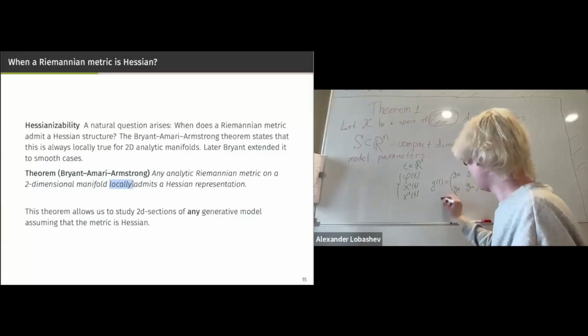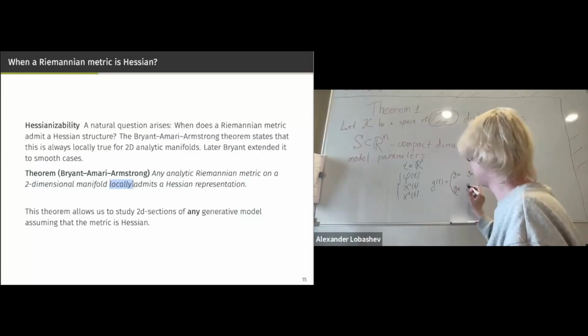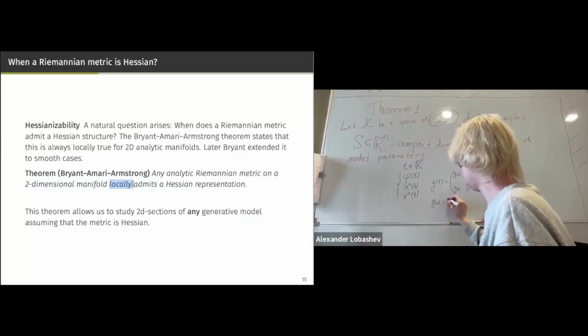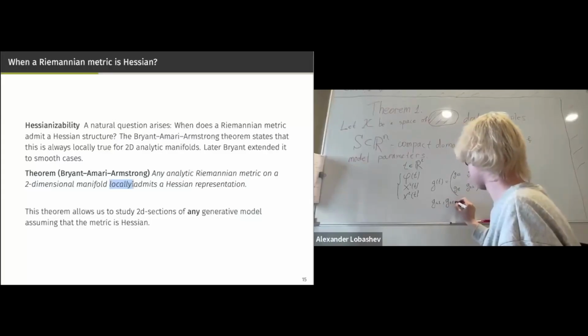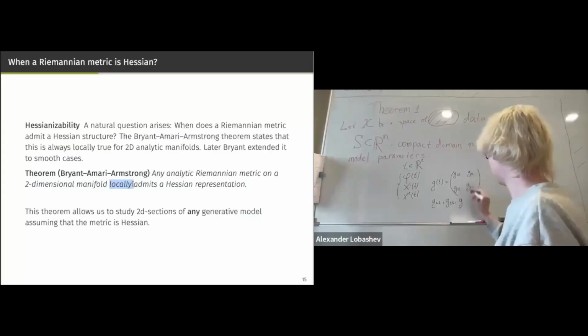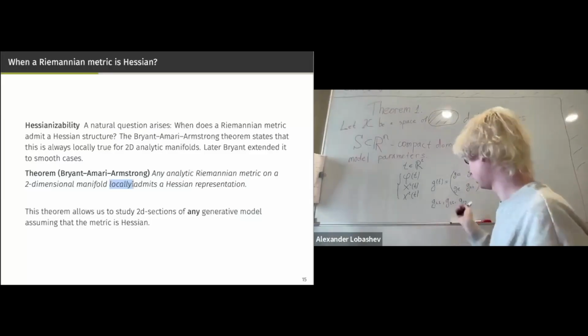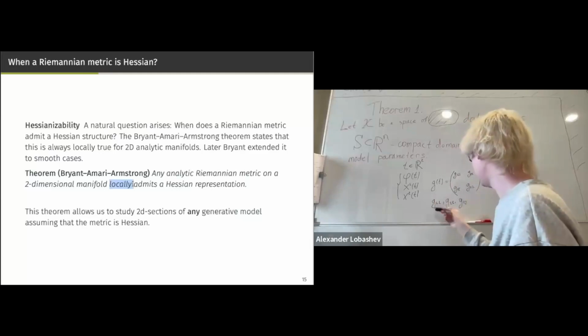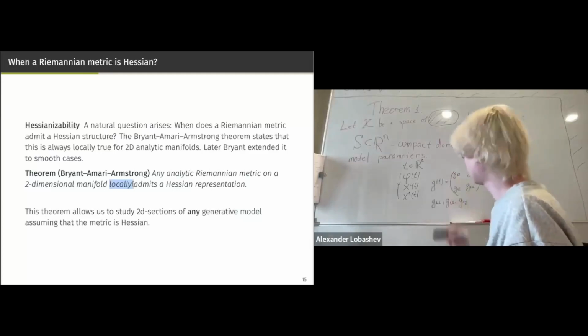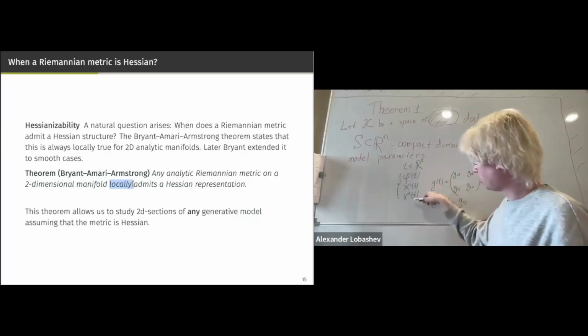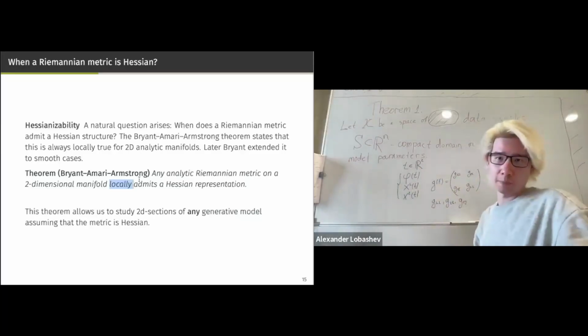Here we have three independent functions, the diagonal components and the component g12, which define any Riemannian metric, and here we also have three functions.